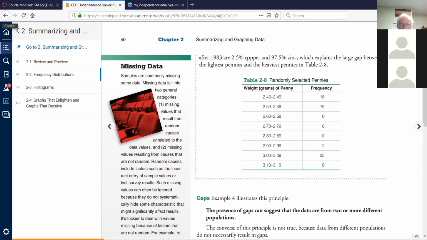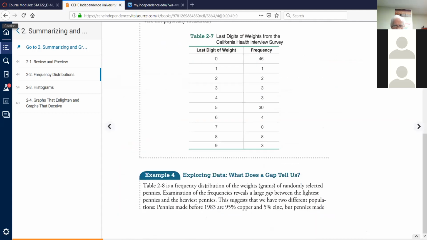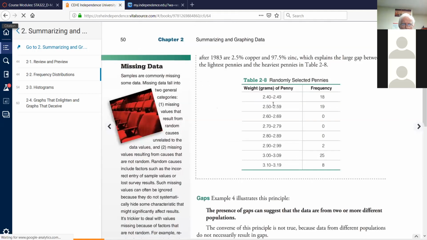Okay, so this is a study of the composition of copper in pennies versus zinc, because in 1983, let's go back to the bottom of the previous page, we changed from 95% copper and 5% zinc to 2.5% copper and 97.5% zinc.